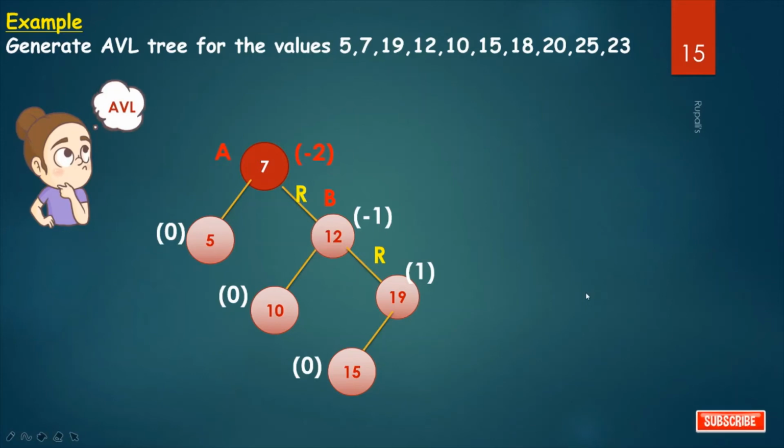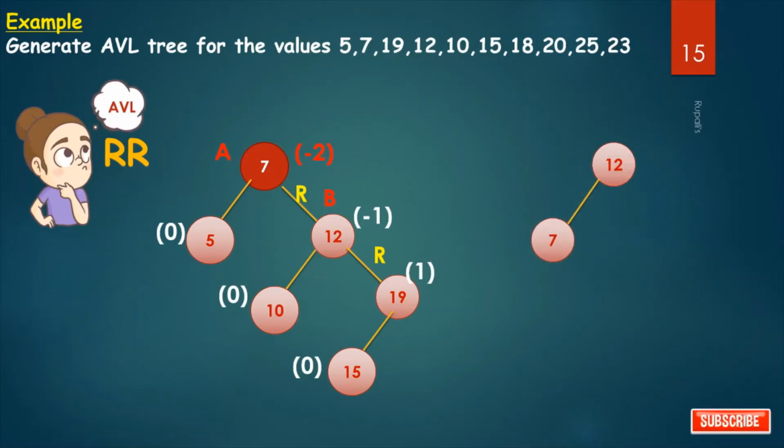In case of RR rotation, what do you have to do? Identify A and B and then make A as a child of B. So rearrange this again. 12 is here. This one is our B node, so the A node will be the child of the B node. So A is here. Then the right child of 12 is 19.